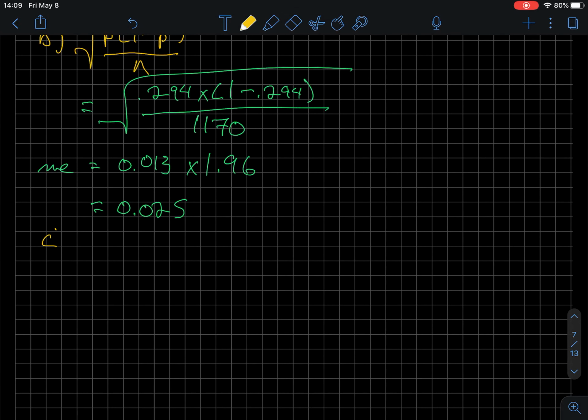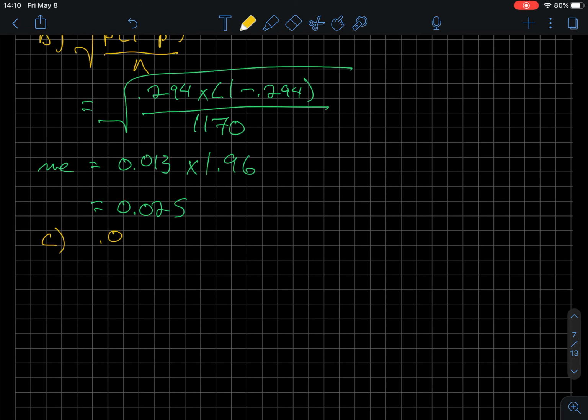Part C asks us to find a 95% confidence interval for that proportion and interpret. So we would use 0.294 minus 0.025 equals 0.27, and 0.294 plus 0.025 equals 0.32.